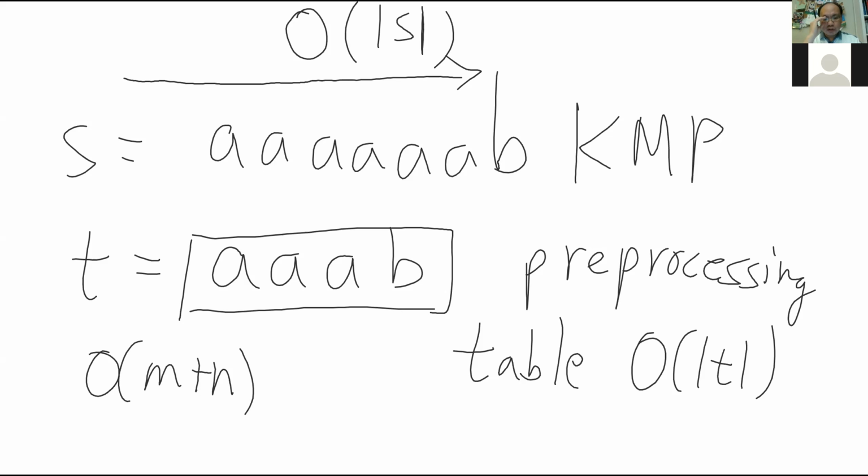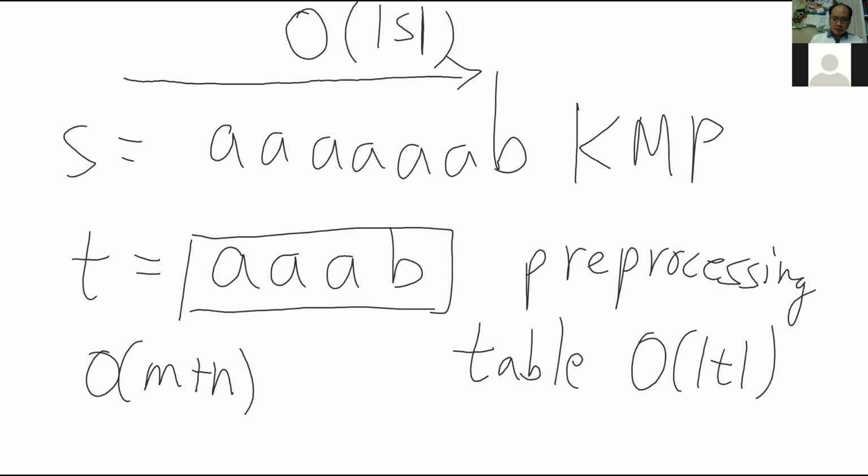If you're searching for the same pattern in multiple strings, you only have to do the pre-processing once, right? But even if you're only searching for T once, for one single S, it is still faster than S.find in the worst case, because S.find is quadratic in the worst case.